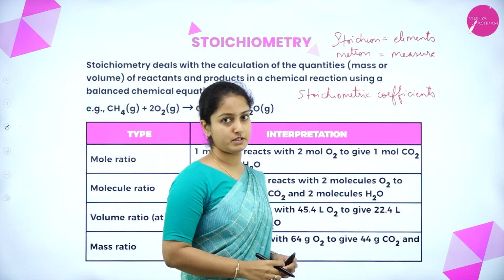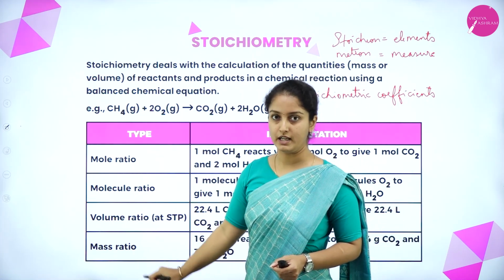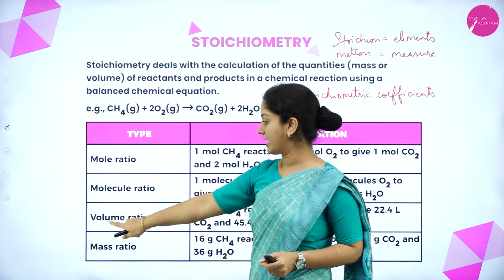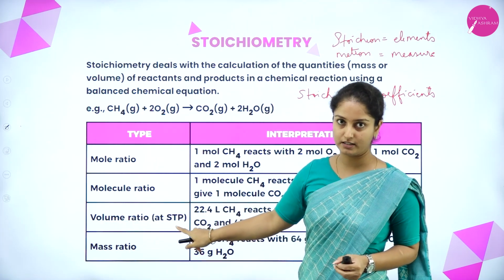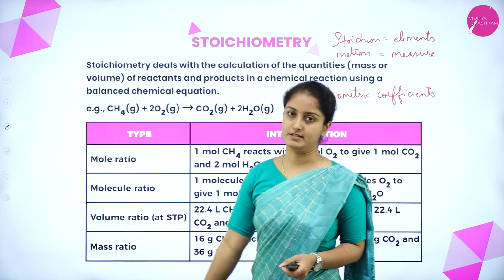Using these stoichiometric coefficients, it can be expressed in different ways. It gives mole ratio, molecule ratio, it can be expressed as volume ratio at standard temperature and pressure, and also in terms of mass ratio.